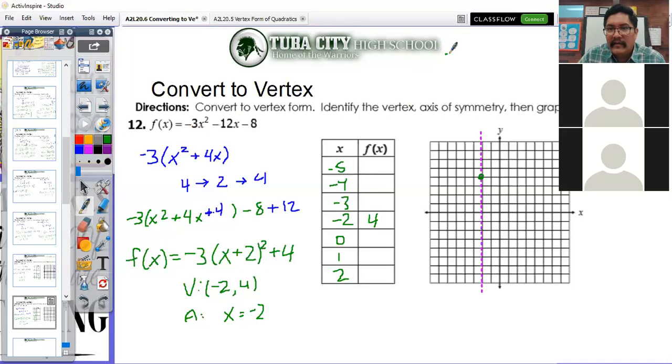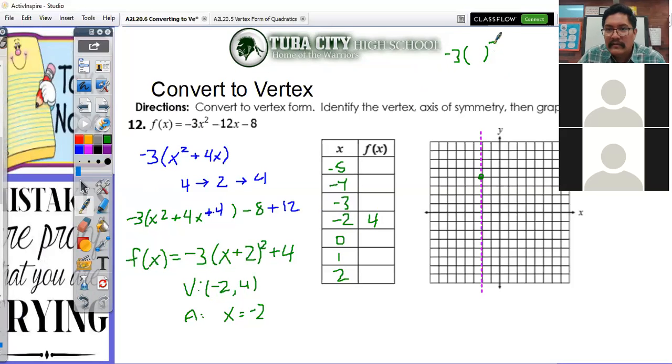So negative 3 x squared is going to be our first number. So I'm going to leave it with a parenthesis, squared, minus 12x, but leave x open, minus 8.